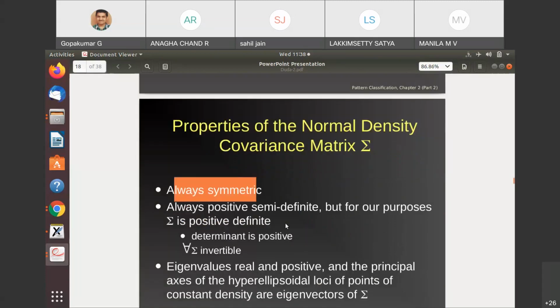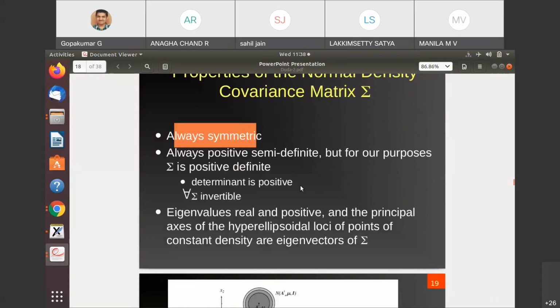There are some properties we assume for this pattern recognition analysis: that this covariance matrix will satisfy a few properties. One such property is positive definiteness, which means that the determinant is positive.